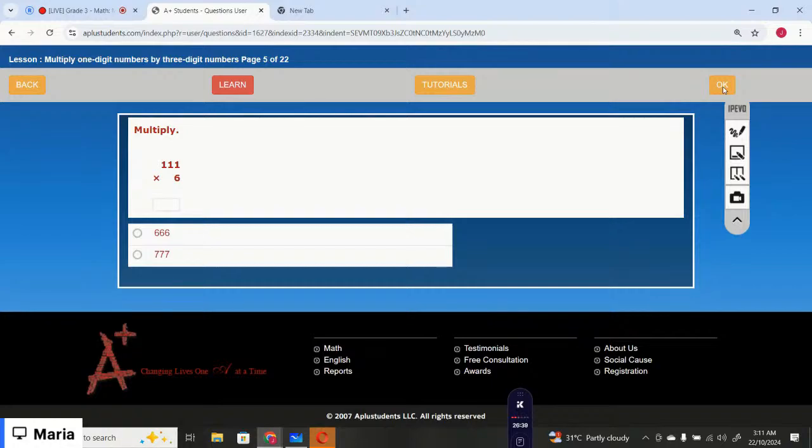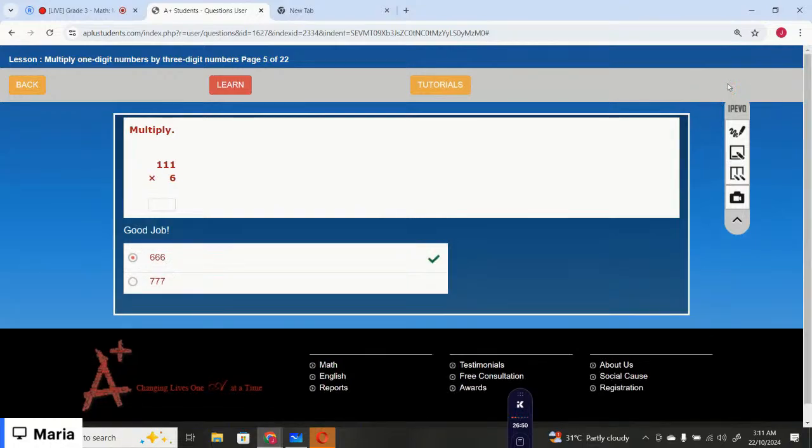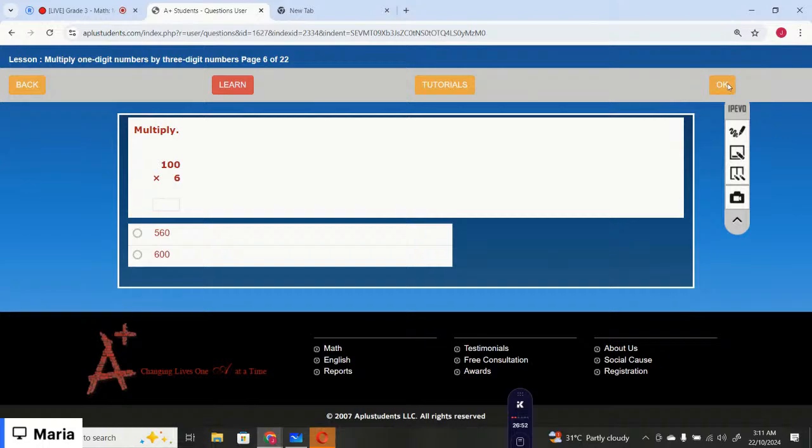Yes, that is 666. Option number 1 is the correct option. Multiply 100 times 6 equals.